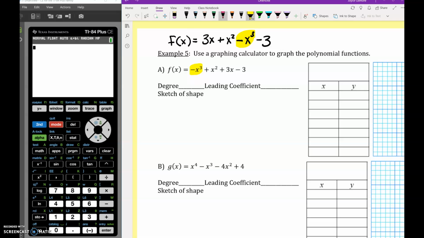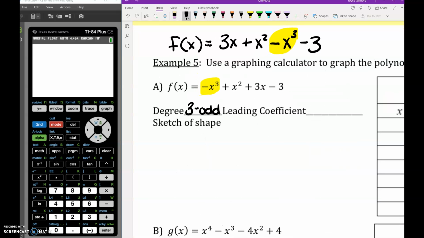So what is the degree from this term? Remember, the degree is the largest exponent. So the degree is 3, which is an odd number. The leading coefficient is the number in front of the term that has the largest exponent. So our leading coefficient is -1.